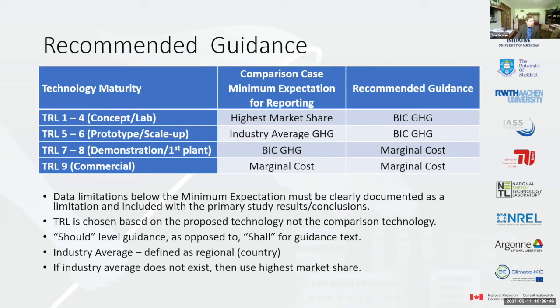All right, moving forward, and I think this will be the last question in this session, and then I'll turn it back over to Volker. So how does data availability, for example average data or marginal cost data, limit the implementation of the guidance, and what are the ways to address such limitations? This is a great question, and this is one of the reasons why we posed the question around marginal versus average.